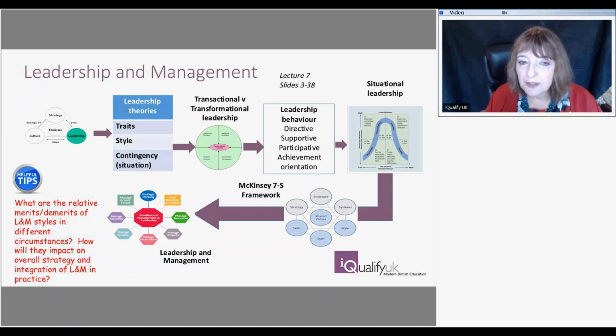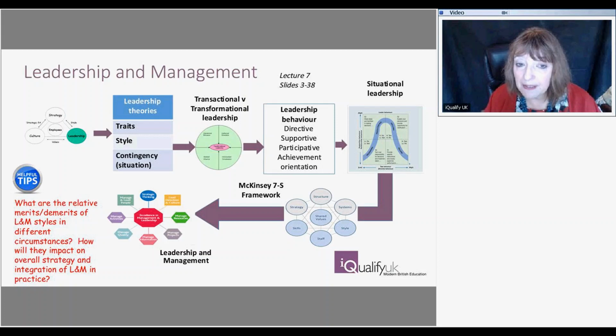That leads us to the notion of whether we're looking at a transactional leader, often more the manager, who will be keeping things going generally, maybe very efficiently and effectively, but they're not out for change management. Or the alternative is the transformational leader, who is out for change.